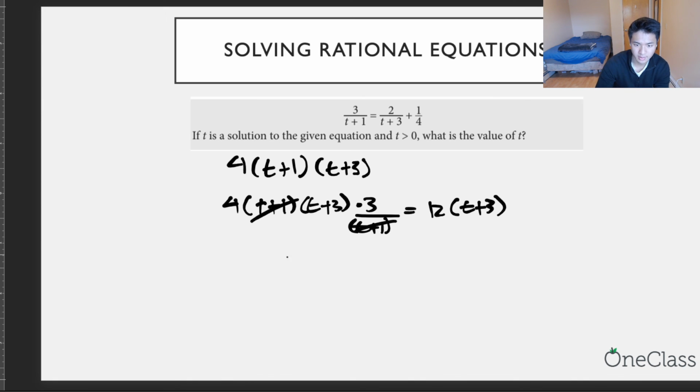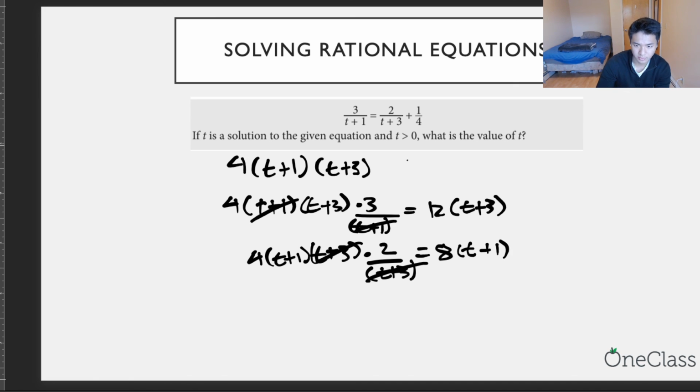Okay, so that's the left side. On the right side, we get 4 times t plus 1 times t plus 3 times 2 over t plus 3. We can eliminate t plus 3 here, and we get 8 times t plus 1. And then the last thing we have is 1/4.